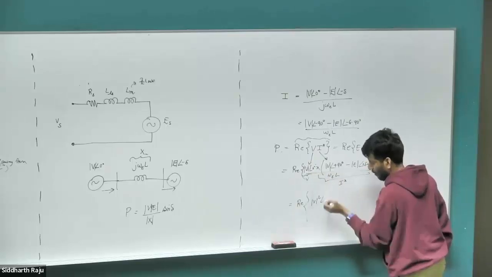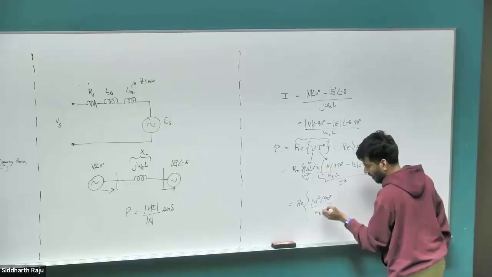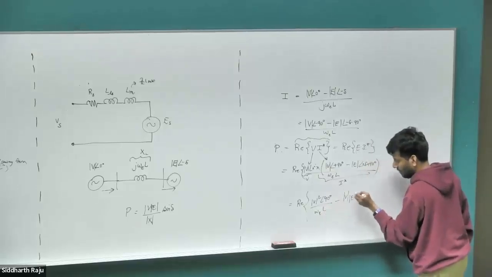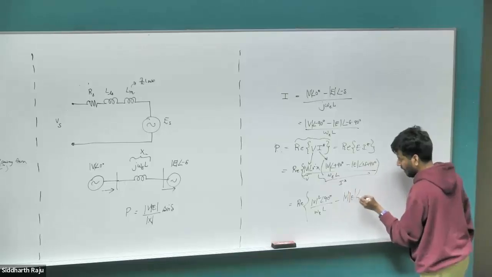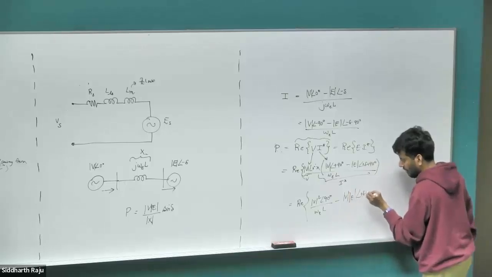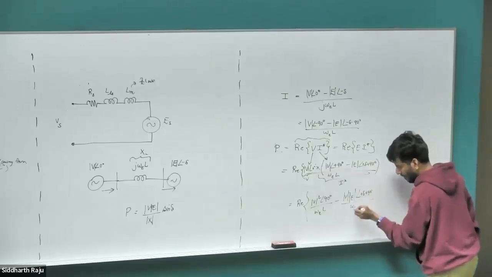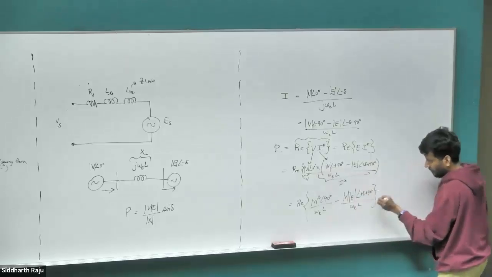The angle will be 0 plus 90, 90 degrees positive, divided by omega EL, minus V times E times angle of delta plus 90 degrees plus 0 degrees divided by omega EL.